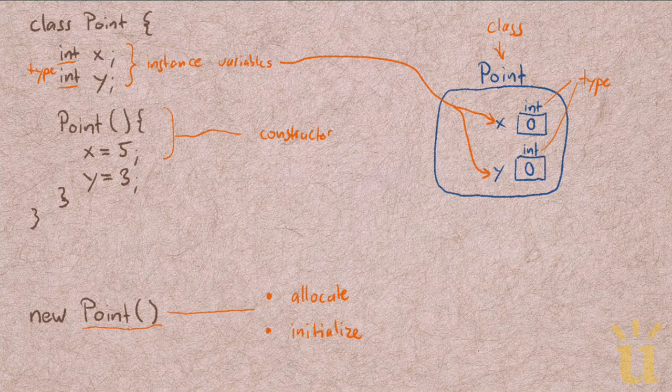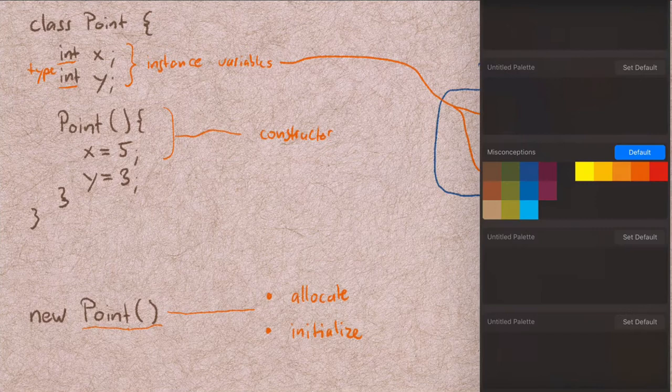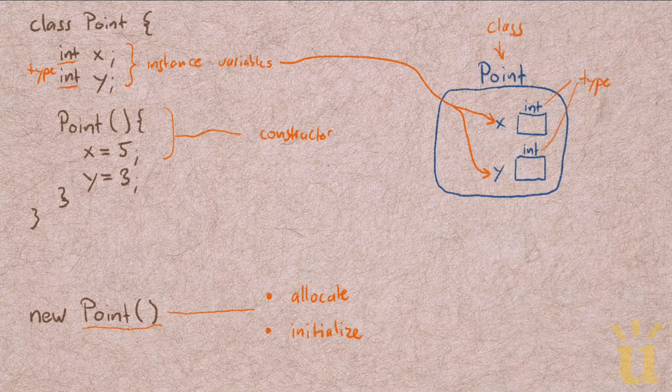Okay, so we've assigned values. Now if you actually execute that code, it's not going to be like that, it's going to be a bit different. So this would be set to the corresponding value. So x would be 5 and y would be 3.